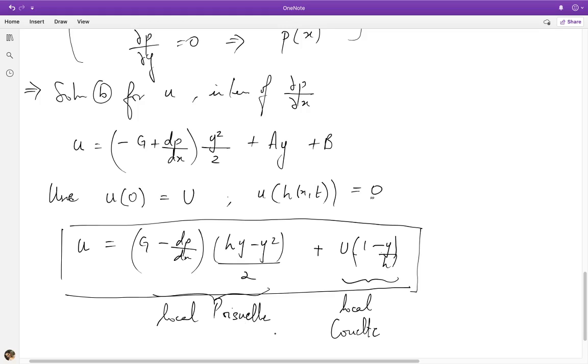The difference, of course, is that h now is not a constant but is a function of space, and that throughout the domain y goes from 0 to h, where h is a function of space and time. So in some sense it's the same solution expression for flow between flat plates, but which is now being modulated as the distance between the two plates varies along the channel.